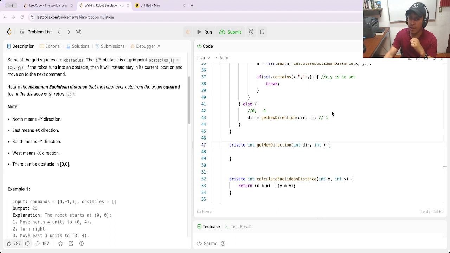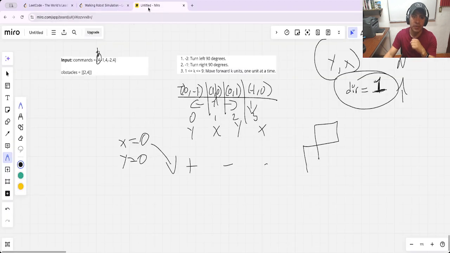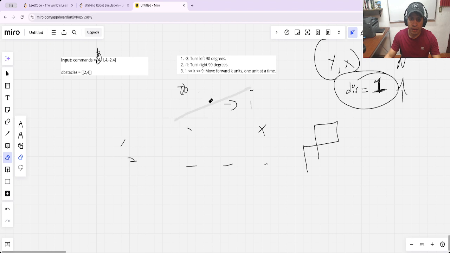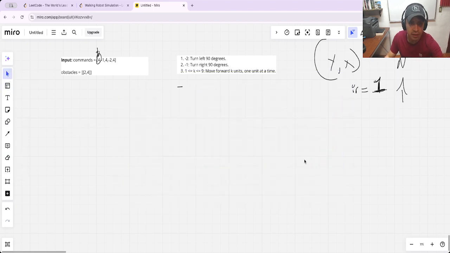No, you can increase the value directly because, for example, do you imagine that, oh my god. Yeah, I was thinking this, but the problem is the obstacles.